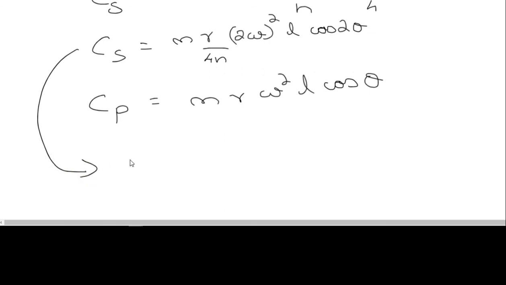How we solve the secondary is, we will consider a secondary crank position. The secondary crank is an imaginary crank, used just for solving and finding the secondary unbalanced force.